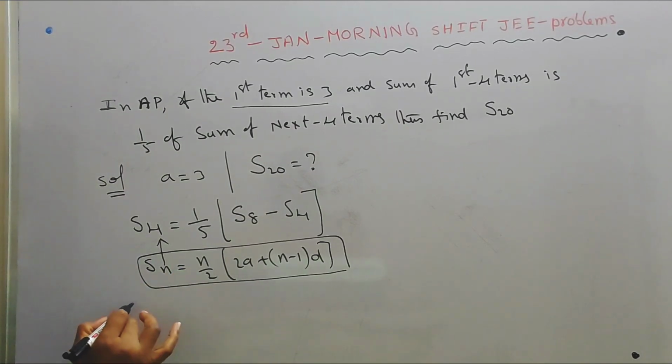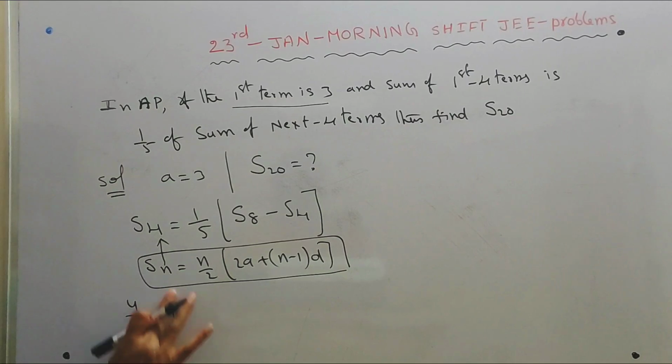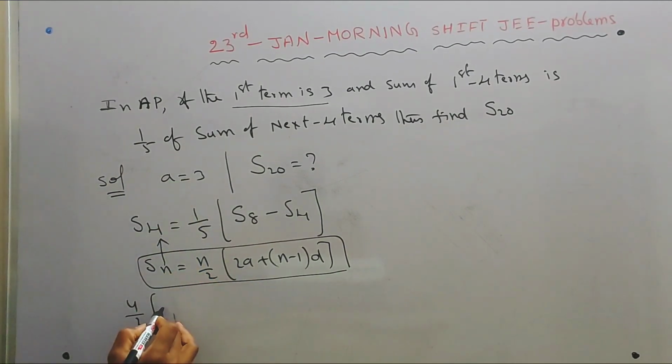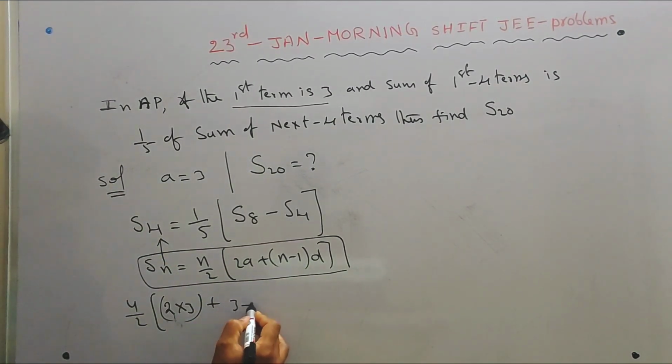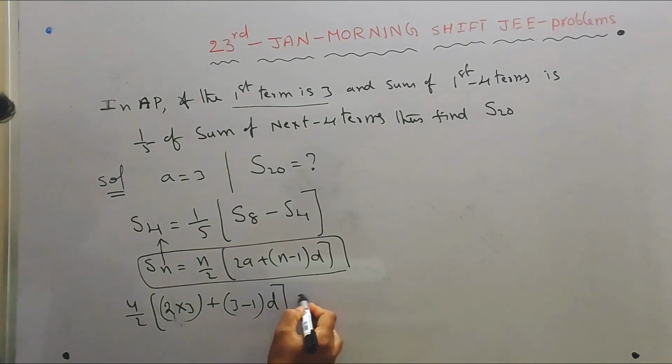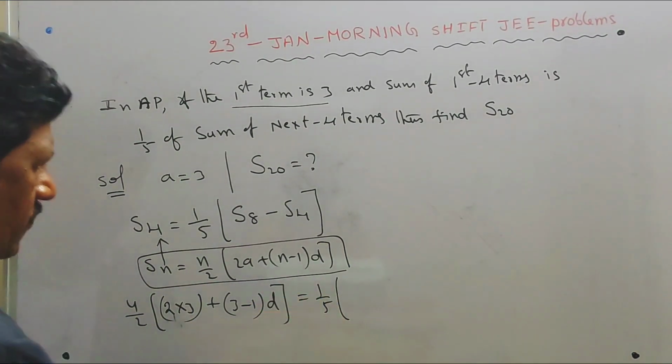Substitute here. So you will get 4 by 2 into (2a, a value 3, that means 2 into 3, plus (n minus 1), that means 4 minus 1 is 3, into d, we don't know, write the d as usual), is equal to 1/5 of S8.